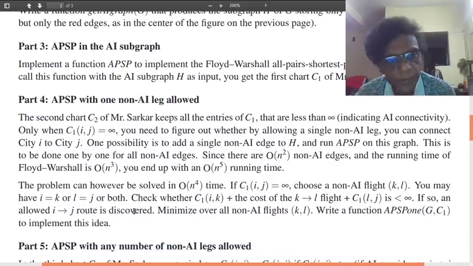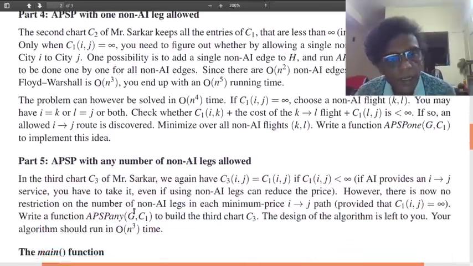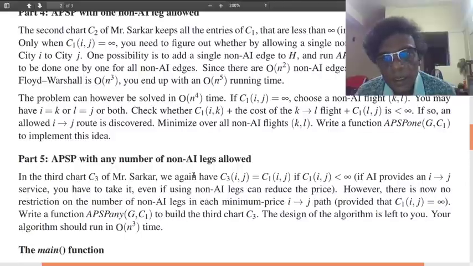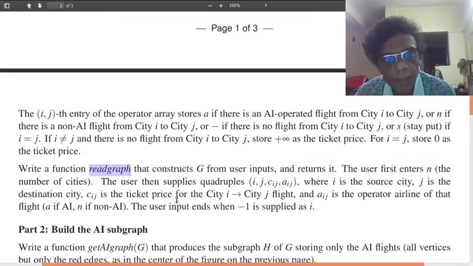So take care. And finally, the third chart: if AI already provides an i to j service, you keep C3ij equal to C1ij. Otherwise, if it is infinity, you allow multiple non-AI legs and find out what happens.